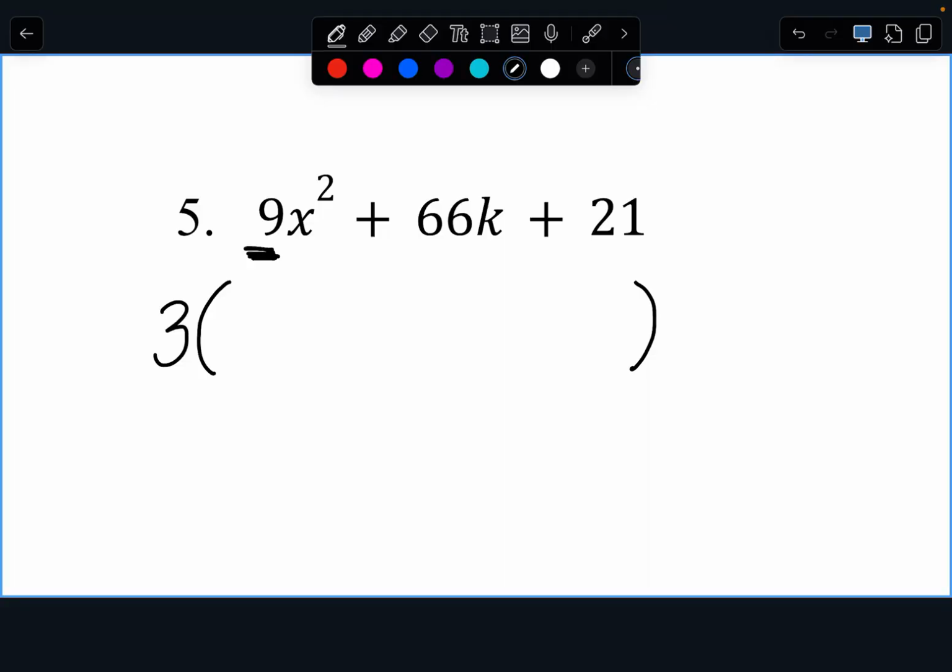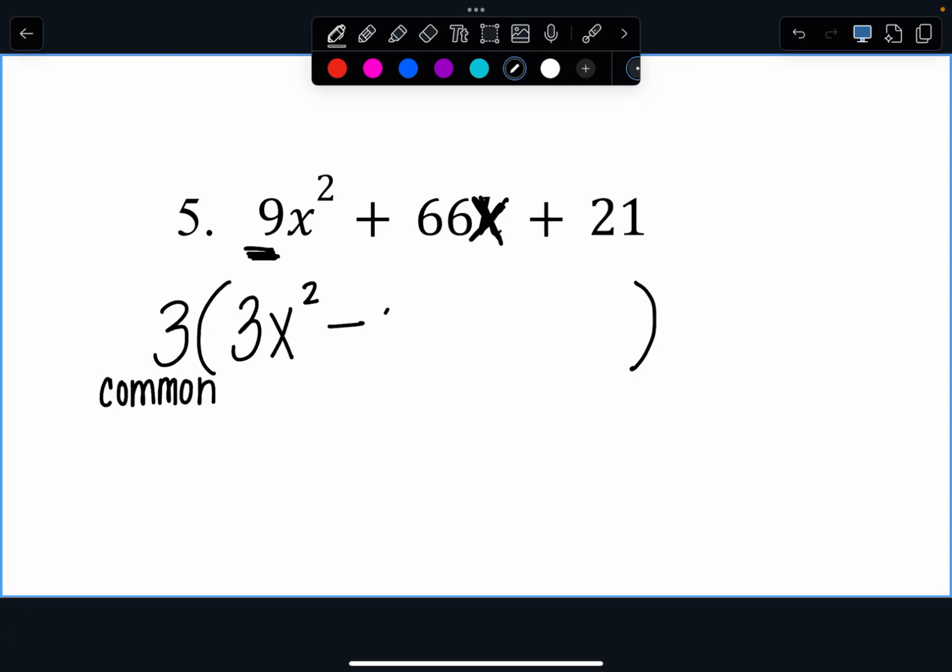So if we take out a 3, again, it's what's in common, we're left with 3x to the second. Did you just skip 4? I did. Oh, that's supposed to be an x, not a k. Plus 22x plus 7. Yeah, just because of time.